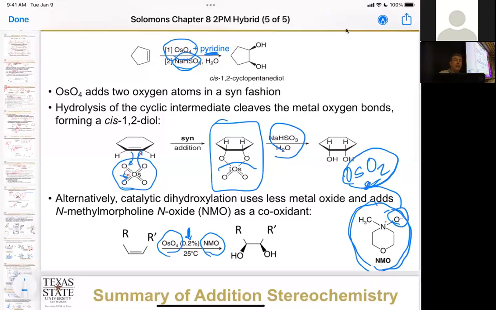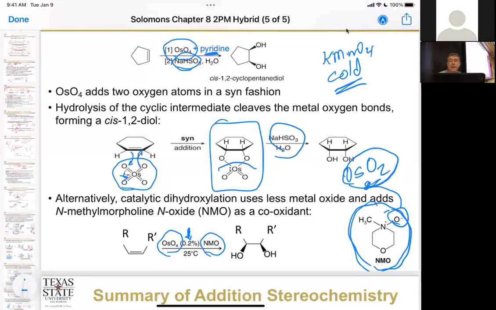So the other reaction that does this is actually potassium permanganate, KMnO4, but it has to be cold. We're going to see potassium permanganate used in the next couple of slides where it's used hot. It does a different reaction.